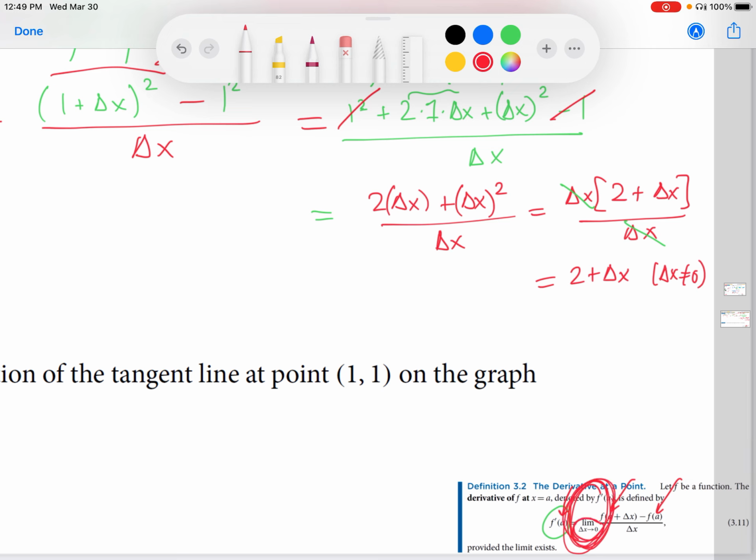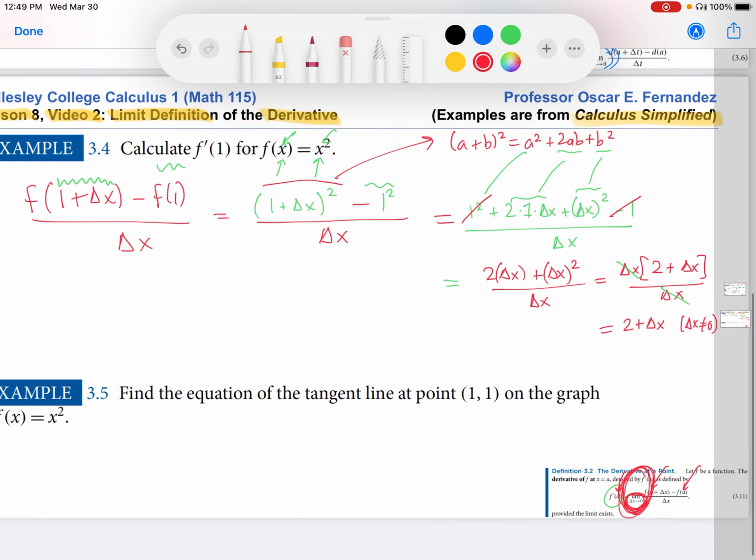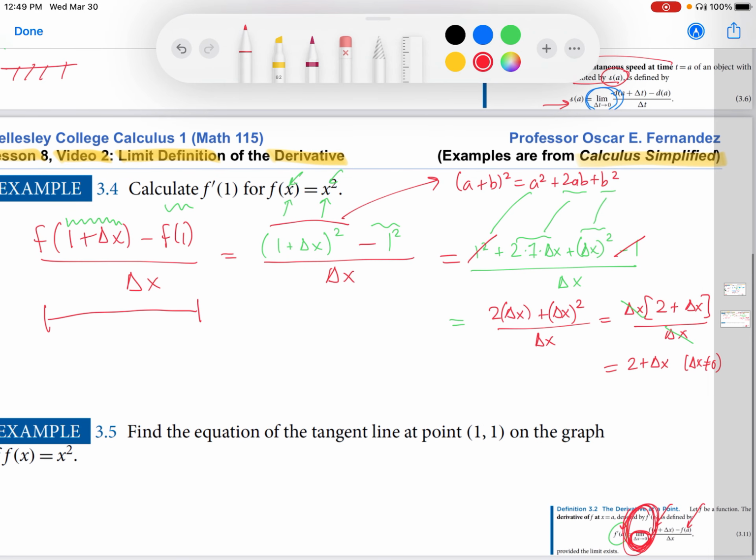So we're approaching 0. We are not setting delta x equal to 0. Okay, so if I zoom out a little bit, I now have my difference quotient calculated. It is this. So f prime of 1 is going to be the limit as delta x goes to 0 of the difference quotient that I simplified, which is 2 plus delta x.